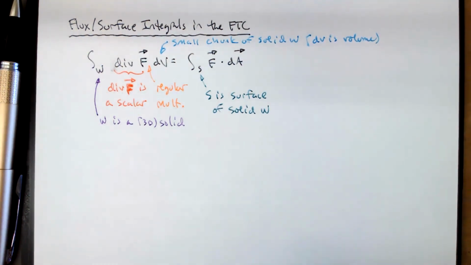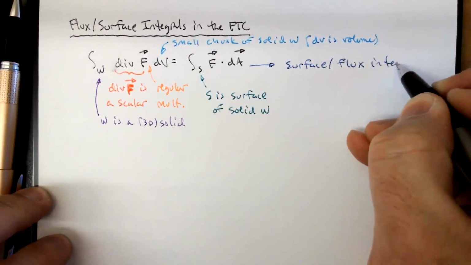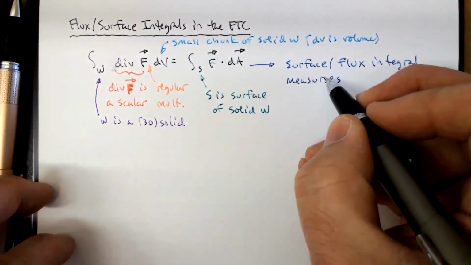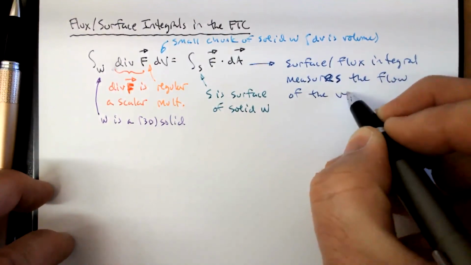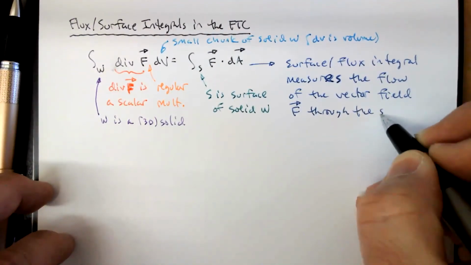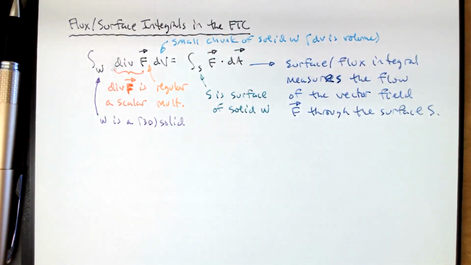Remember that the surface integral is measuring the flow of the vector field through the surface S. So what the fundamental theorem of calculus is saying in the divergence theorem is that we can calculate the divergence at all the points in the solid by calculating how the vector field flows through its surface.